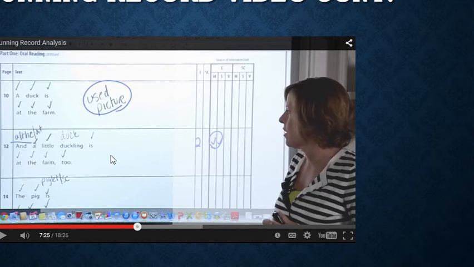We can also look back at different pages to see if the child did that again, and we have this hard copy information that is detailed to see what the child has missed. Here they self-corrected "piglet" instead of "pig." Here they said "duck" instead of "duckling." So we can see what the child is missing, if it's meaning, syntax, visual, what their pattern actually is.